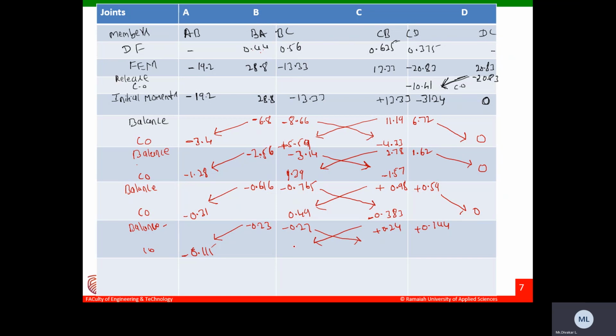So minus 0.115. Okay, and this is 0.14. 0.12 is there. 0.24 12, and this will be 0.27 into 5. You will get 0.135. You will get 0.135. So this is plus.